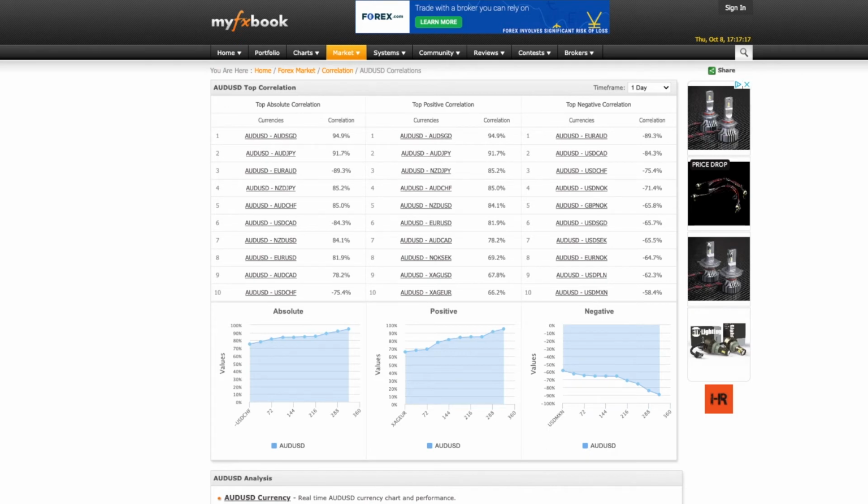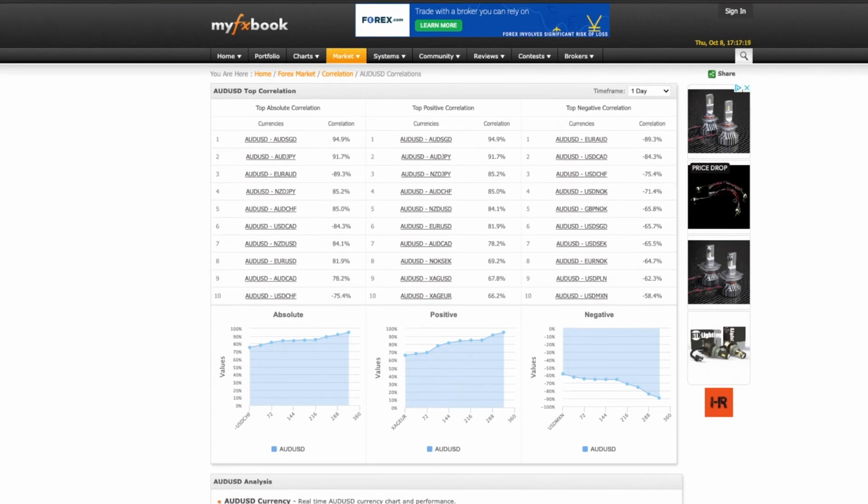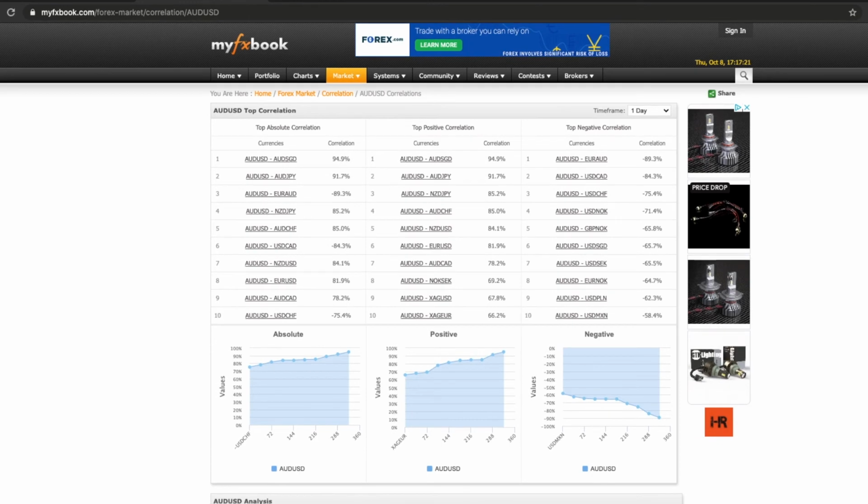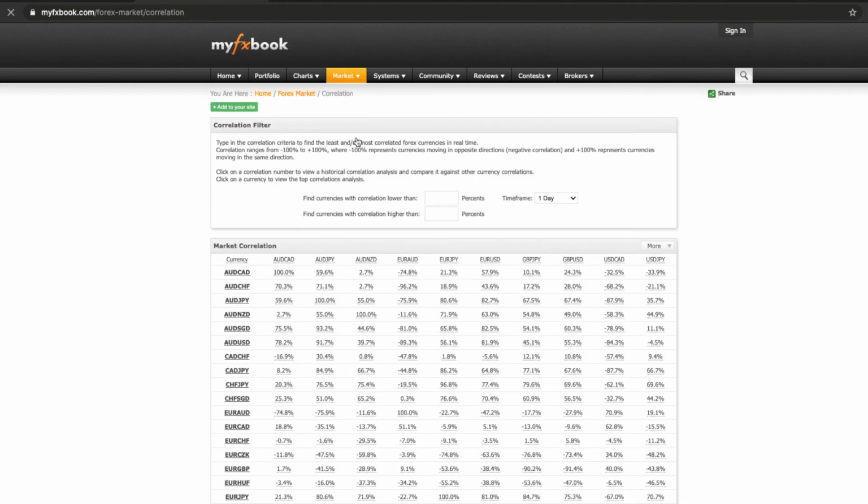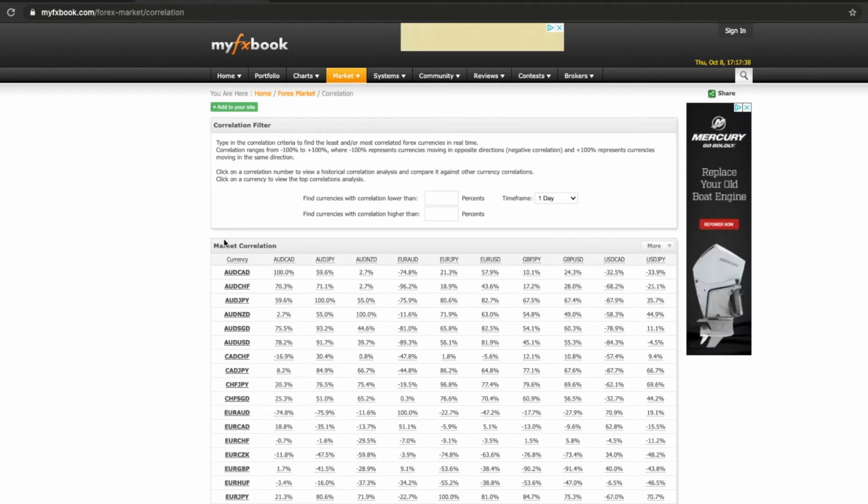is this website. Let me scoot it down so you can see. It's at myfxbook.com, and it's this drop down and go to correlation. So right here is a list of currency pairs.